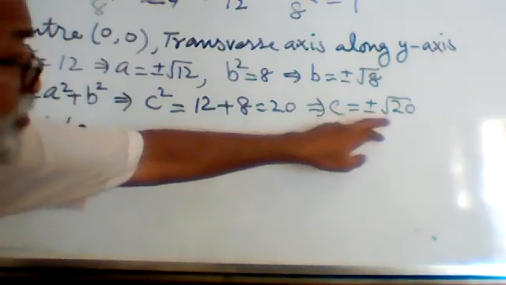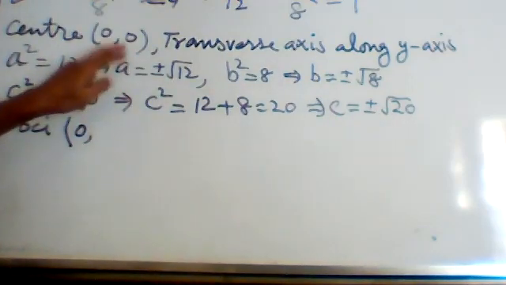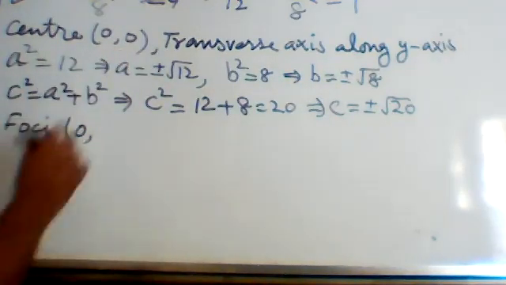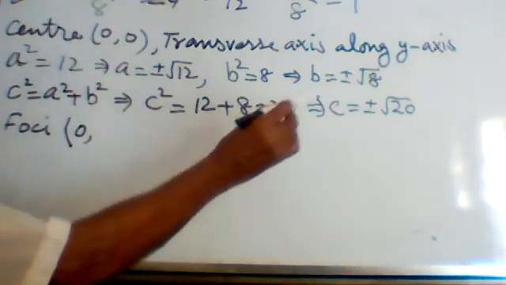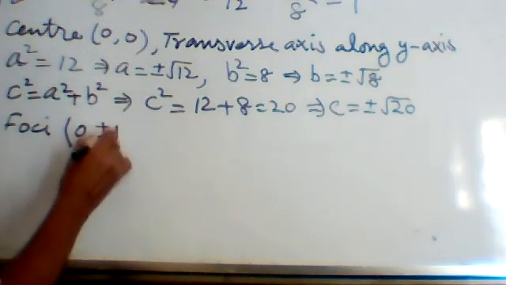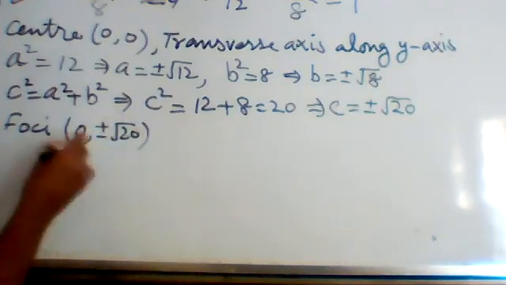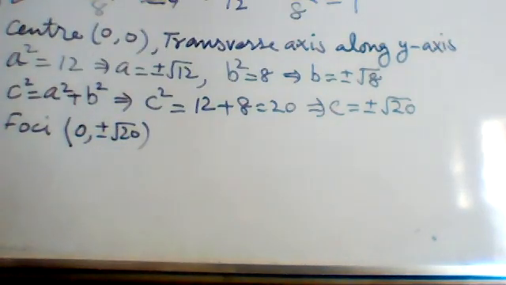So plus minus root 20 will be added in the y coordinate of the center to get the foci. So 0 plus minus under root 20 will be 0 comma plus minus under root 20.